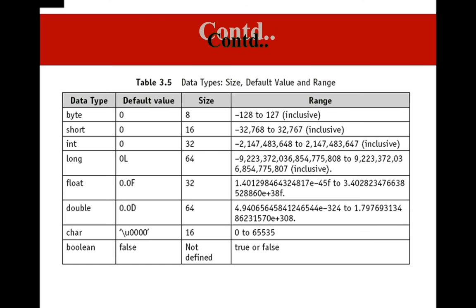Let's look at the size each data type occupies and its range. Byte occupies 1 byte by default. 1 byte equals 8 bits, so when you calculate the range, 2 power 8 is around 256.